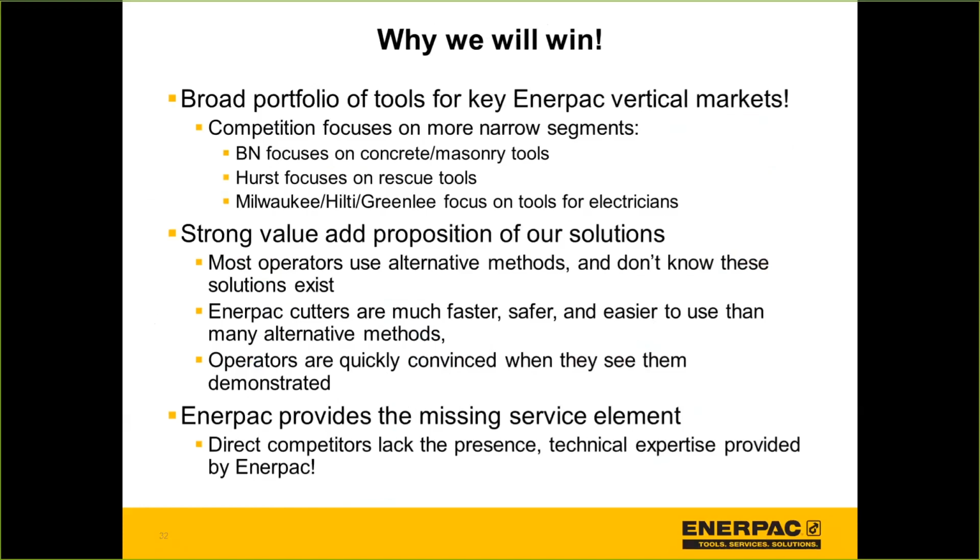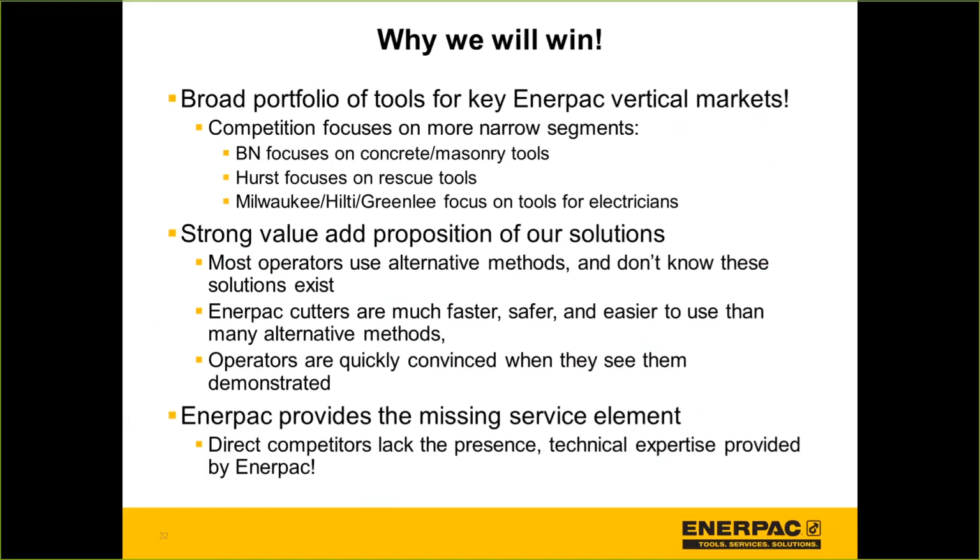That's a nice segue into the next slide, because for us, we don't do that. And one of the reasons that we're going to succeed is because we offer a broad portfolio of tools for all of our key vertical markets that we sell into today.